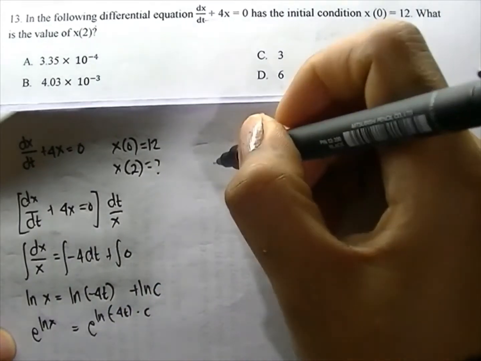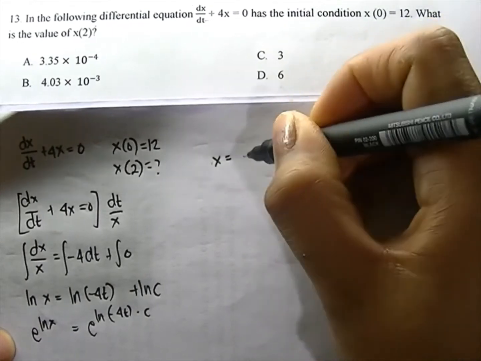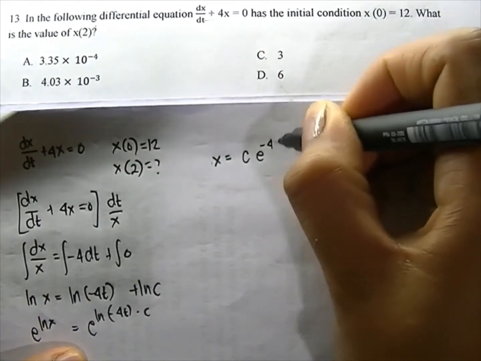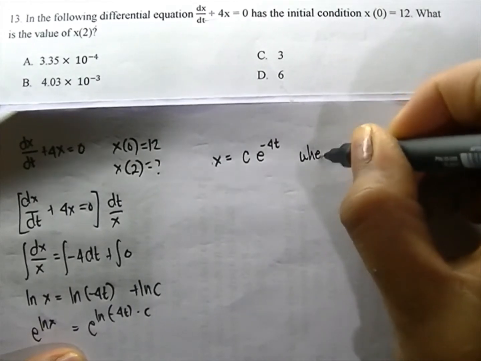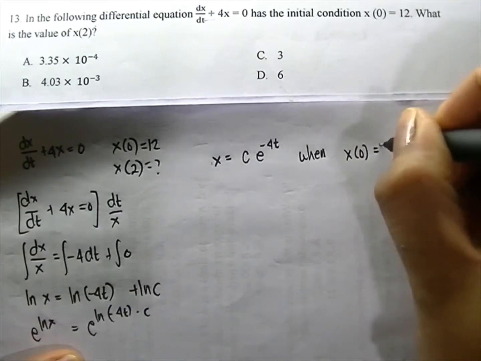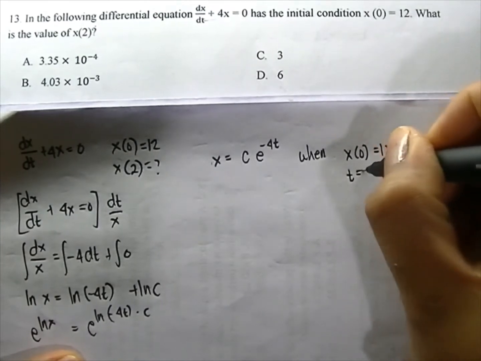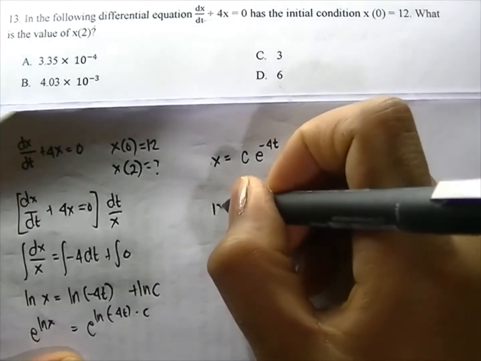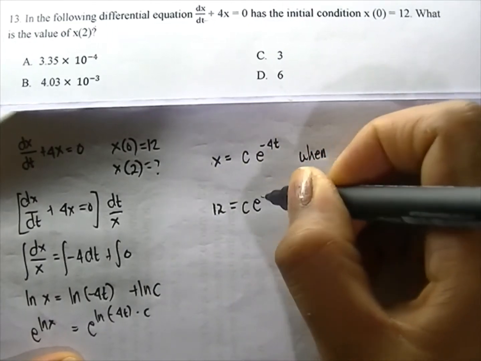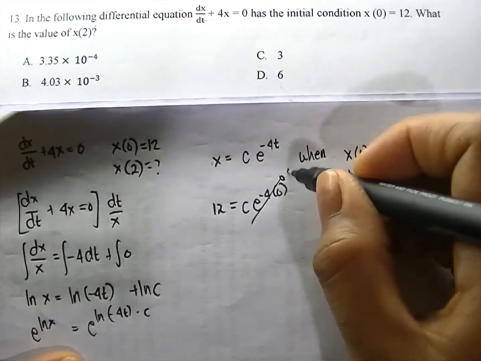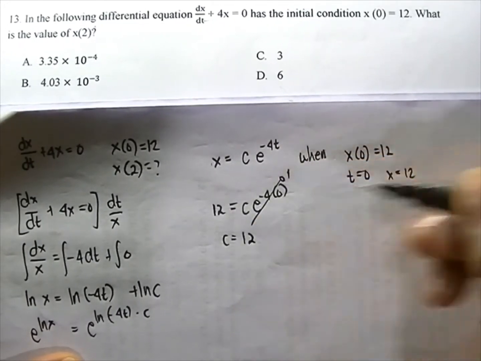So x equals c times e raised to negative 4t. So when x of 0 equals 12, t is 0 and x is 12, we have 12 equals c e^(negative 4 times 0). So this is 1, c equals 12.